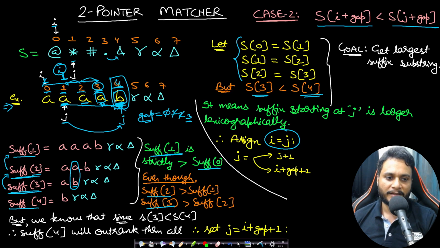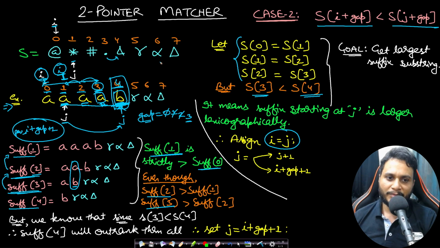What is this index? This index is actually the previous i value plus gap plus 1. The previous i value, not the new i value, because if I update i with j, the i index is changing, right? So the previous i value plus gap plus 1. This is the index that I care about.